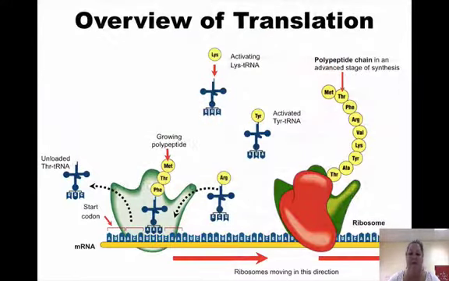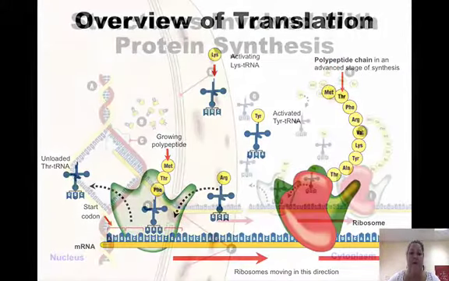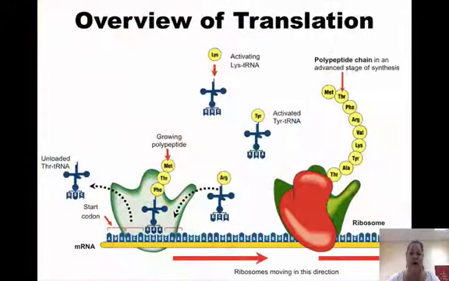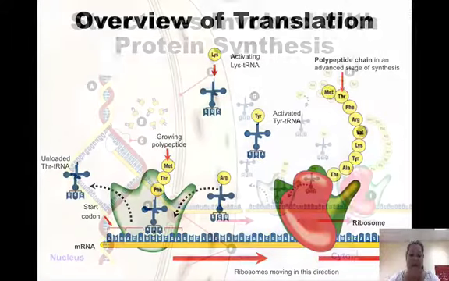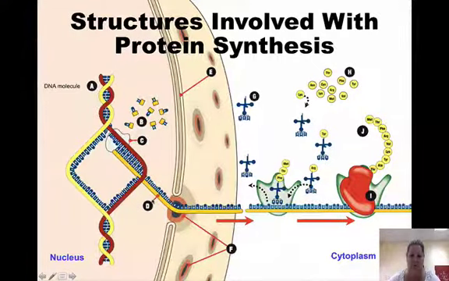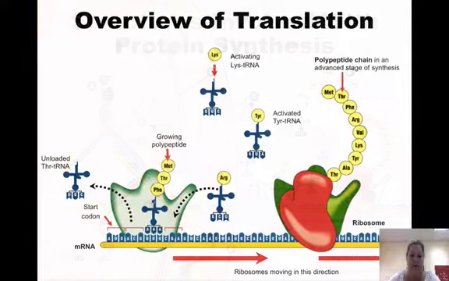Here's just an overview of the whole process of translation. You have the subunits and the A, P, E sites. The subunit comes in, and you have to have the start codon.